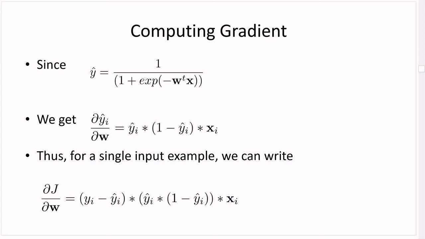Or if you want to express it in terms of actual and target output, yi is the target output, yi hat is the actual output. So target minus actual times actual times 1 minus actual times input. So that's the formula, pretty easy to remember, for weight change when you are using a sigmoidal activation function.